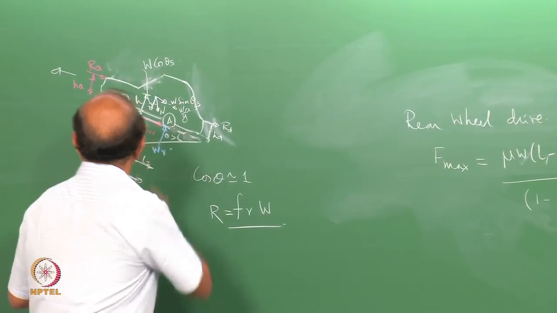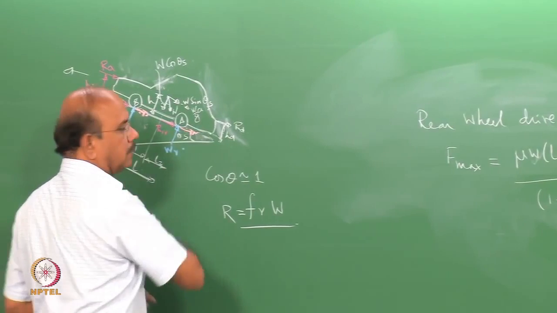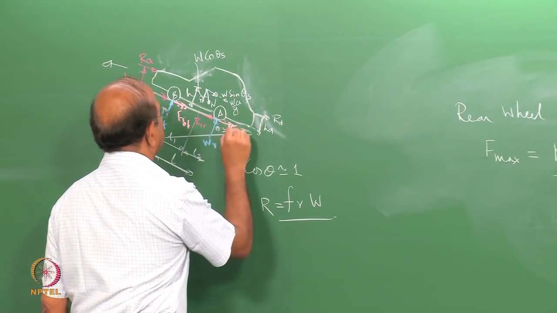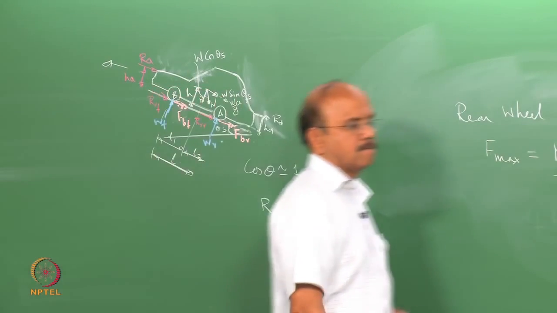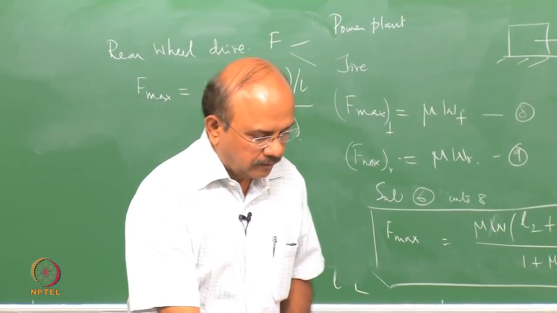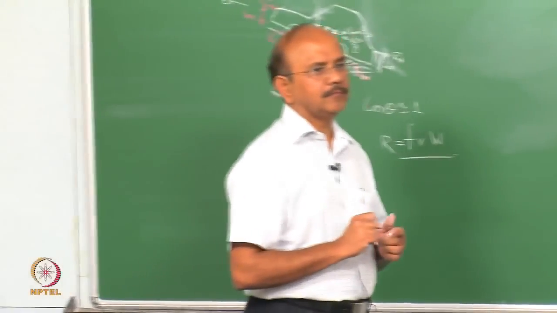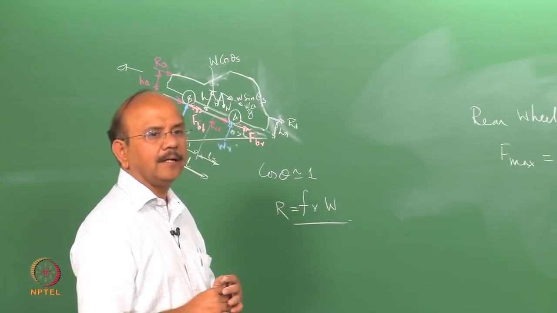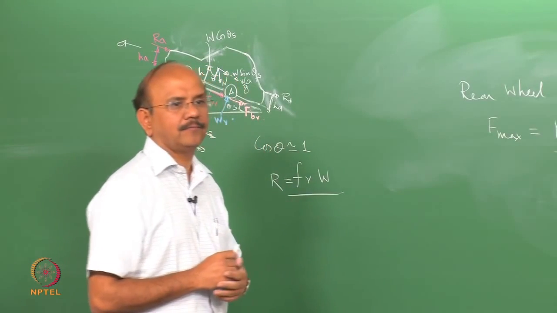So that will be the braking force FB front and that will be the braking force FB rear. Is that the only difference? One more difference is that we are going to decelerate.